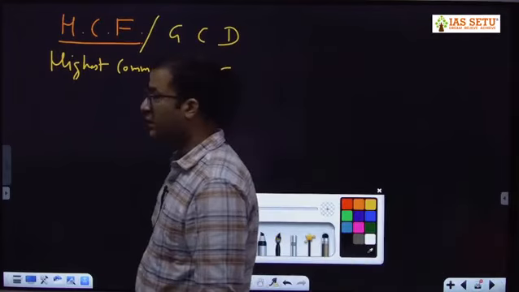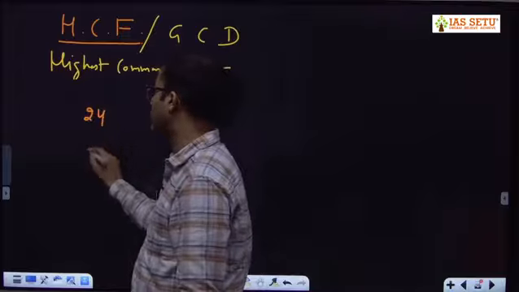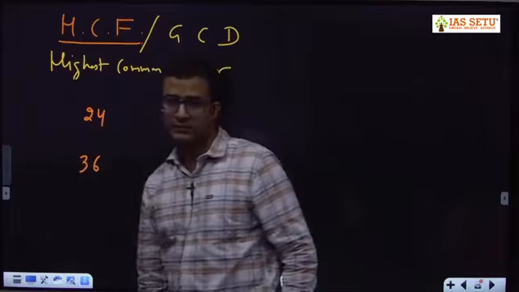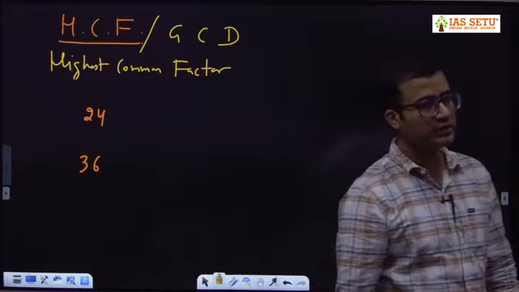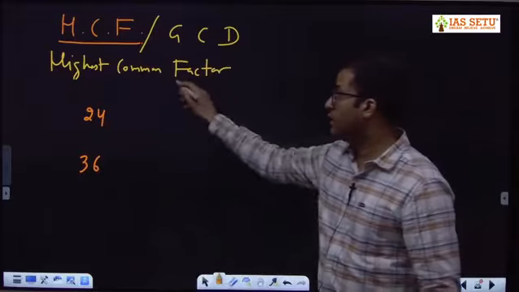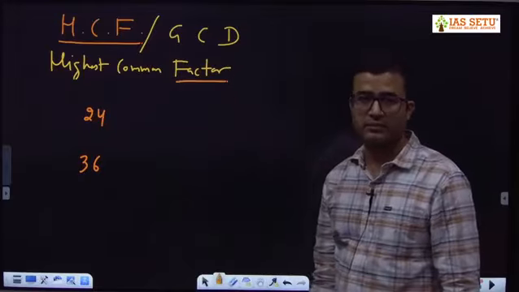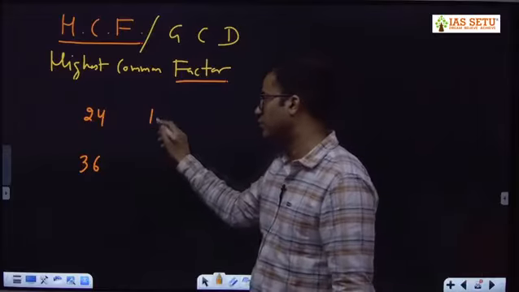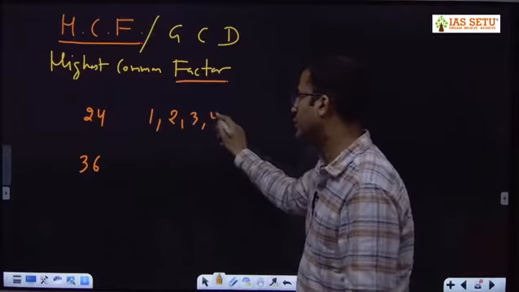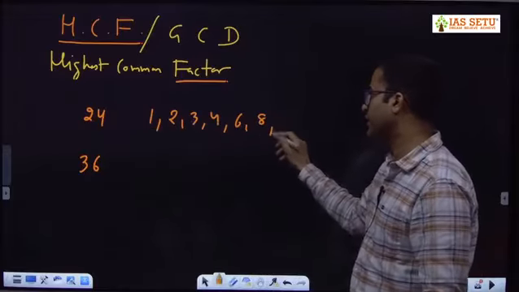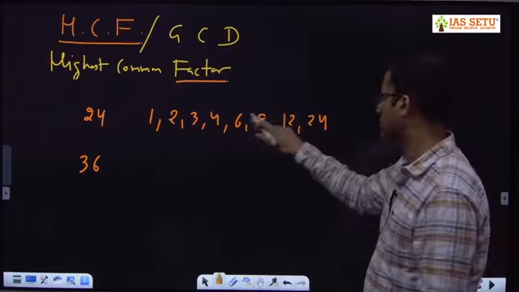Like here, if I take numbers 24 and 36, and we have to find the highest common factor. First, you focus on the word factor. Let us see what are the factors of 24. 1, 2, 3, 4, 6, 8, 12, 24.